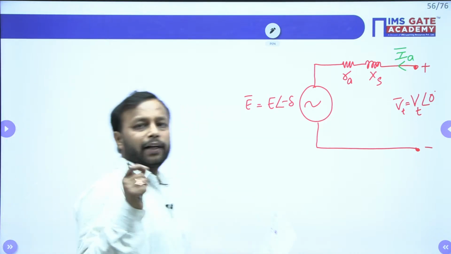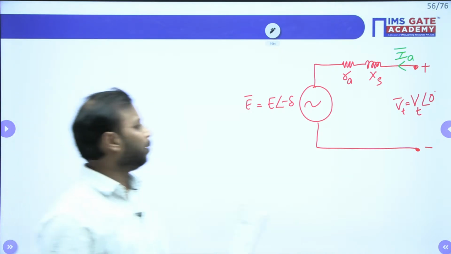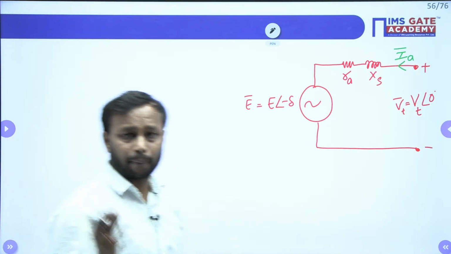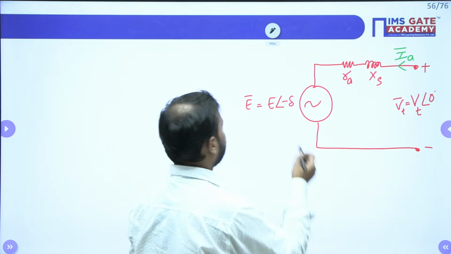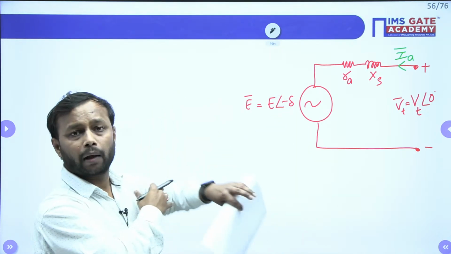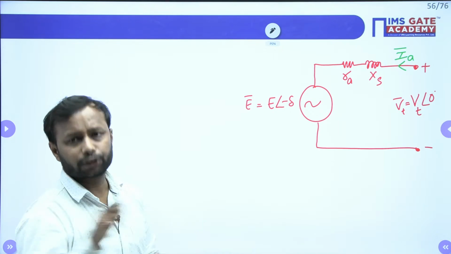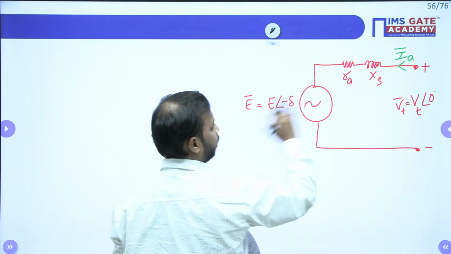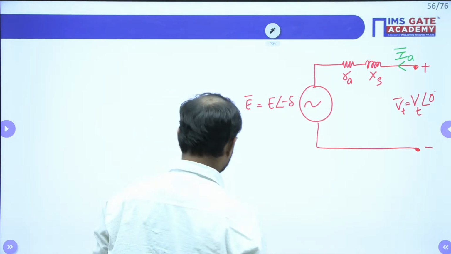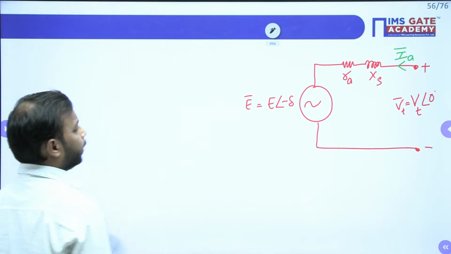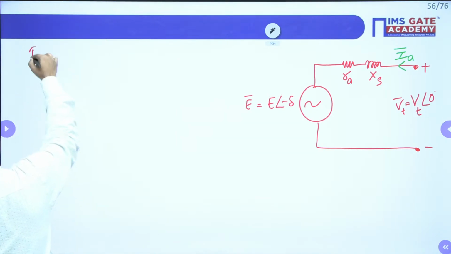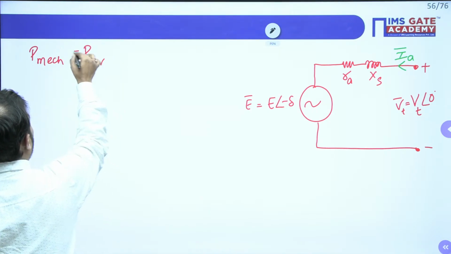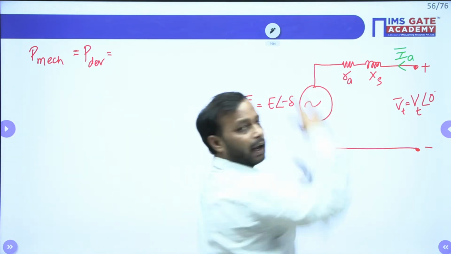Now, in the question it is given that the machine is developing the maximum gross mechanical power. Maximum gross mechanical power means the power is taken in a mechanical direction. So the mechanical is what? Shaft only. So let us calculate the power equation at the shaft. Okay. So P mechanical is equal to P developed, meaning this power is generated inside the machine.